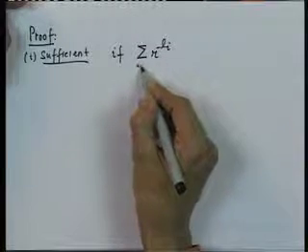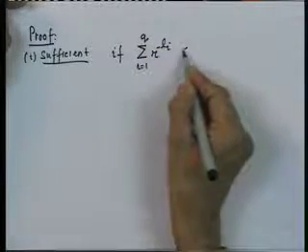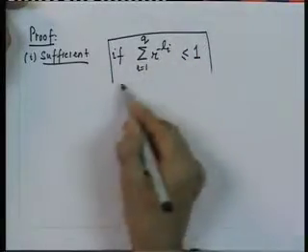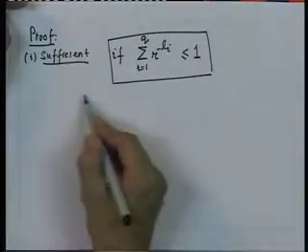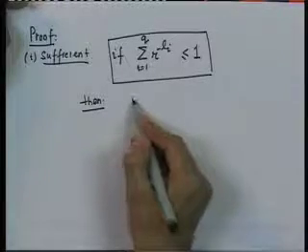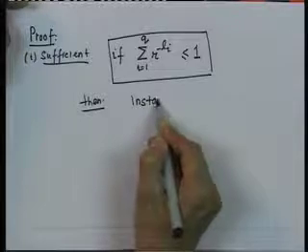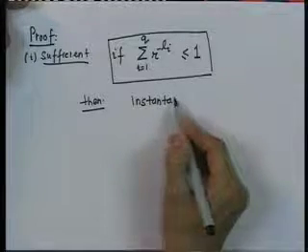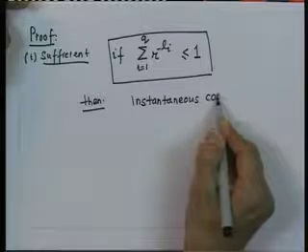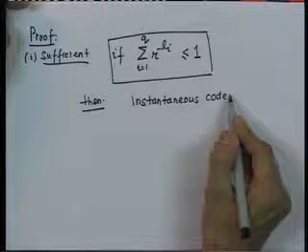this is satisfied, then I should be able to construct instantaneous codes.